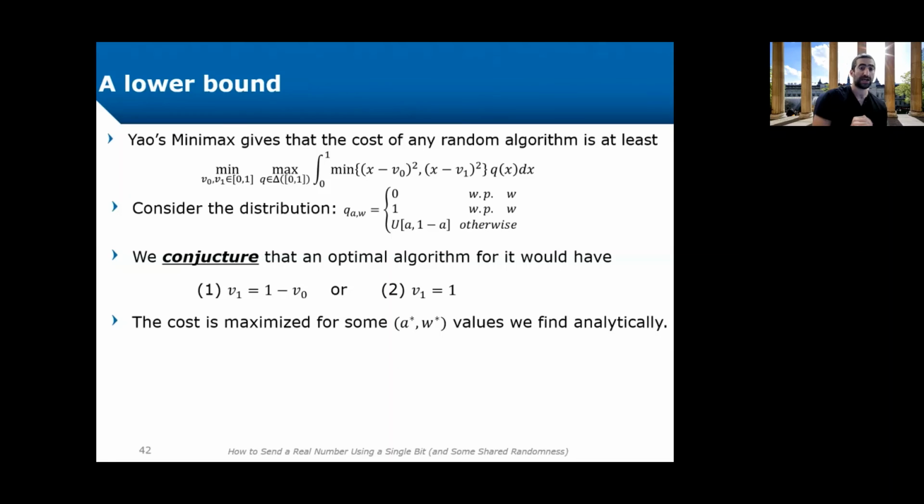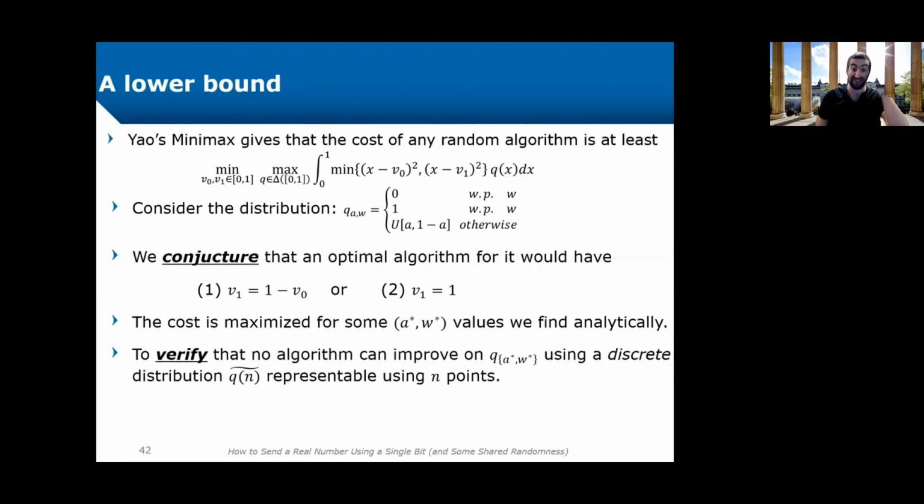Right? And now that we know what these values are, we can verify that no algorithm, even outside this family, no deterministic algorithm can improve on this distribution. And the way we do that is we take the distribution and we discretize it. We build a discrete distribution on n endpoints that resembles this distribution.